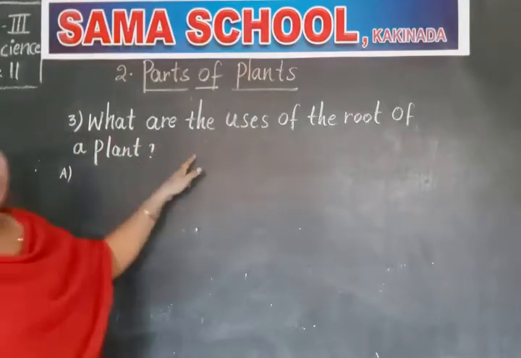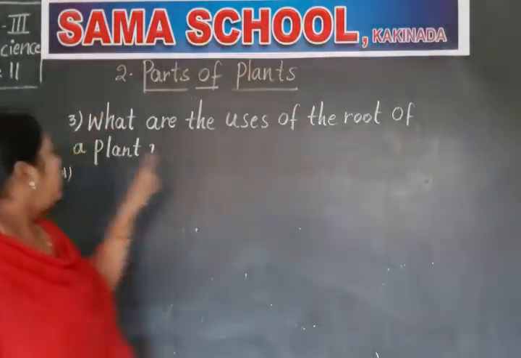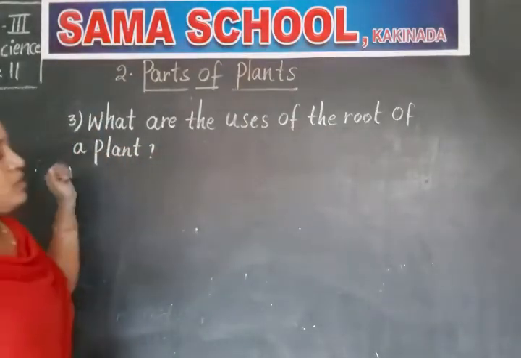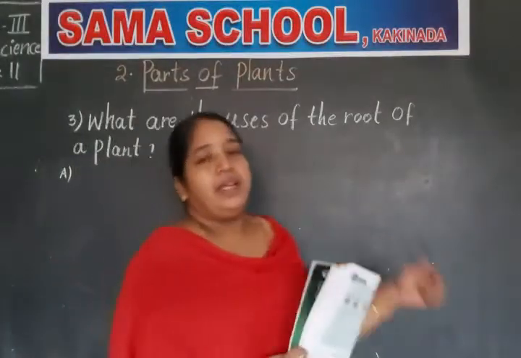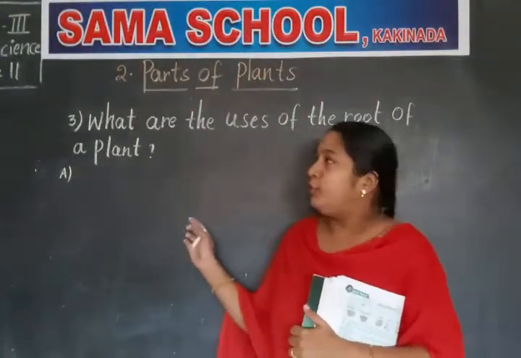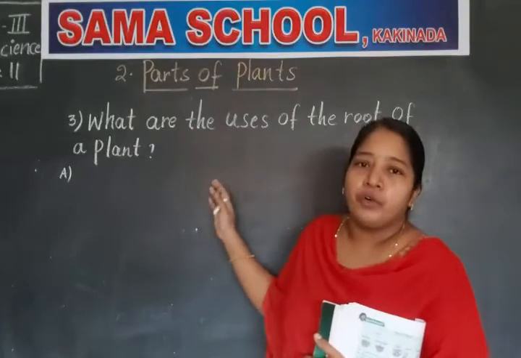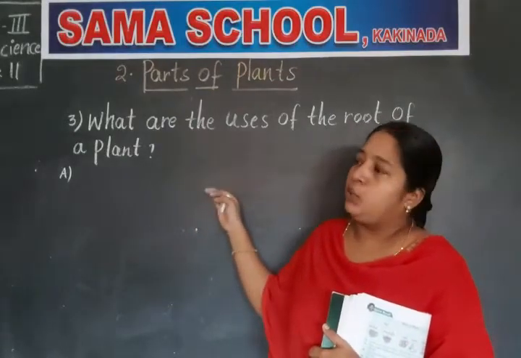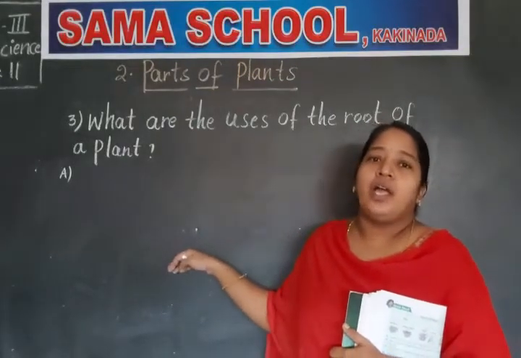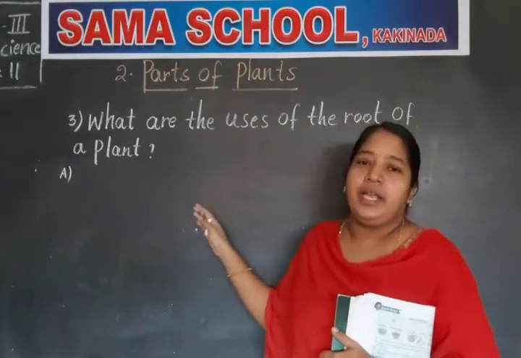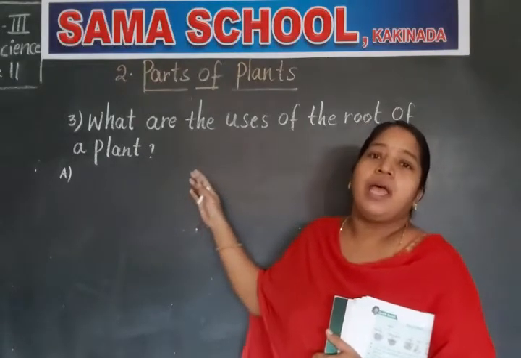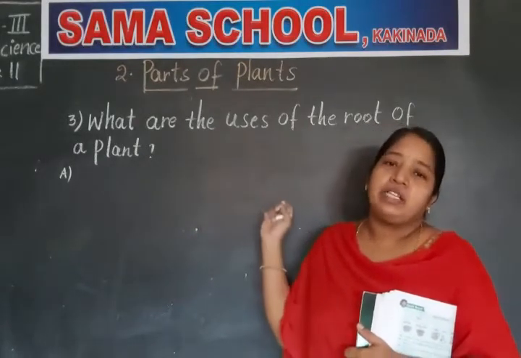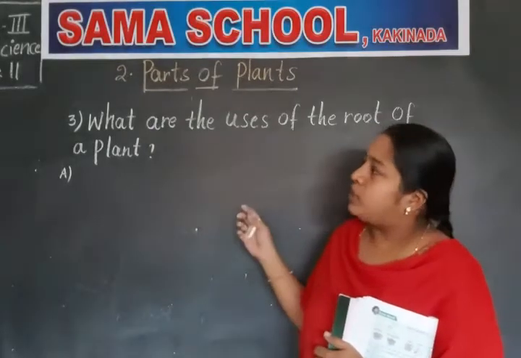What are the uses of the root of a plant? So you have already learned plant is mainly divided into root part and shoot part. And what is the use of root? What is the main function? You will see the roots under the soil and their main function is to absorb the water and minerals from the soil.